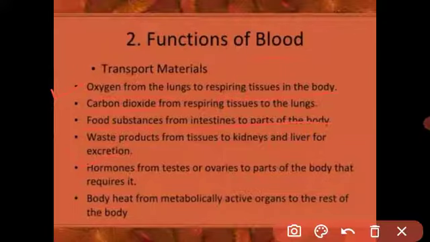So it is very necessary to remove them from different parts of the body and send them to the excretory system. Means kidney is part of our excretory system. This part of the excretory system removes the waste product from the body.